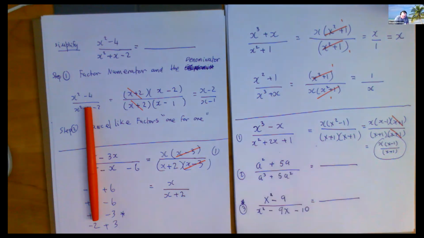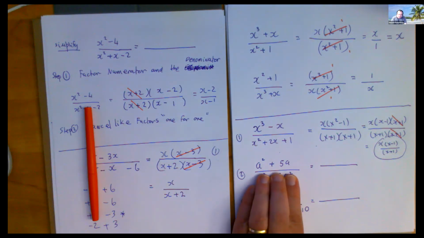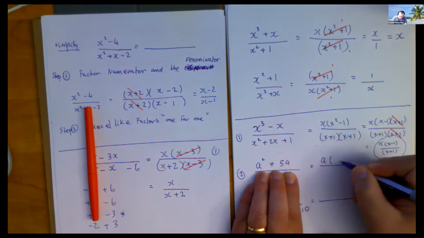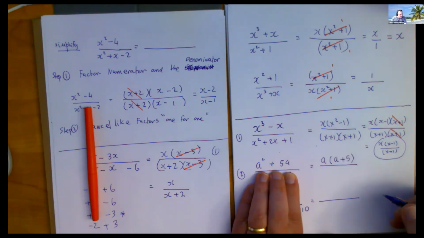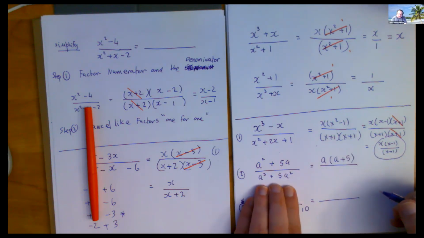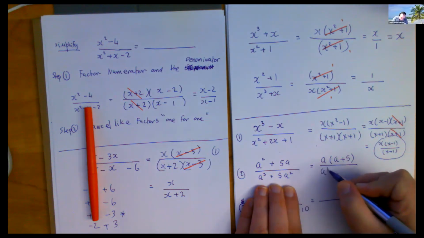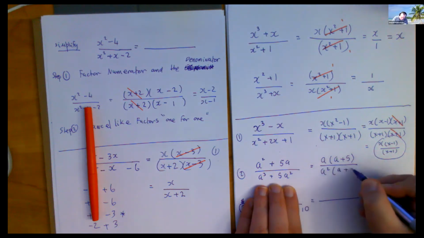Okay, let's look at question 2, because I put something weird in question 2. Would you agree that the top one has a common factor and that that common factor is a, and when you take that out you get a plus 5? What's the common factor you use on the bottom term, a cubed plus 5a squared? a squared. And when you take out a squared, aren't you also left with a plus 5?